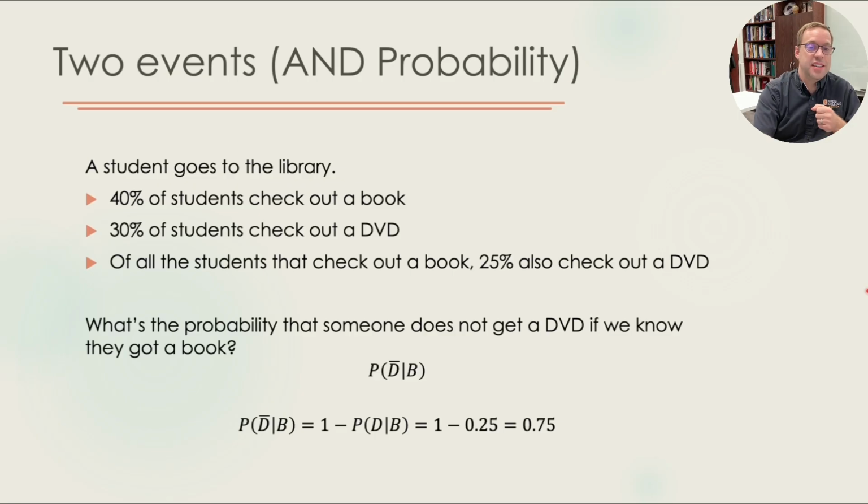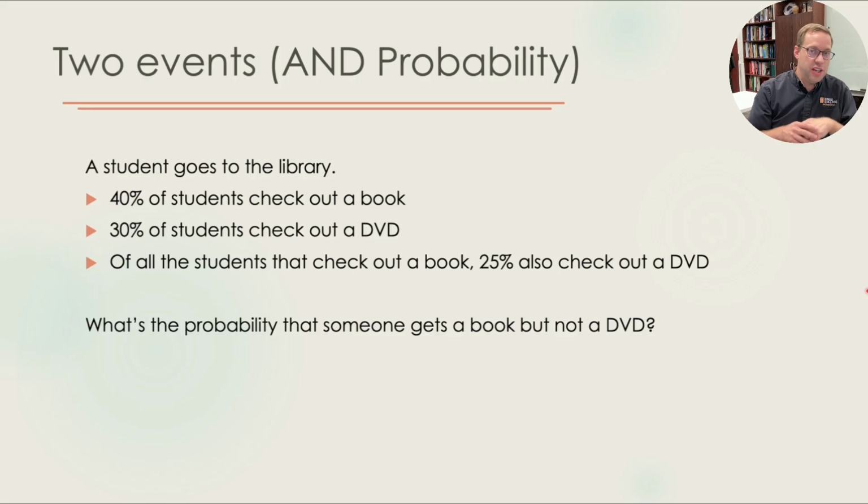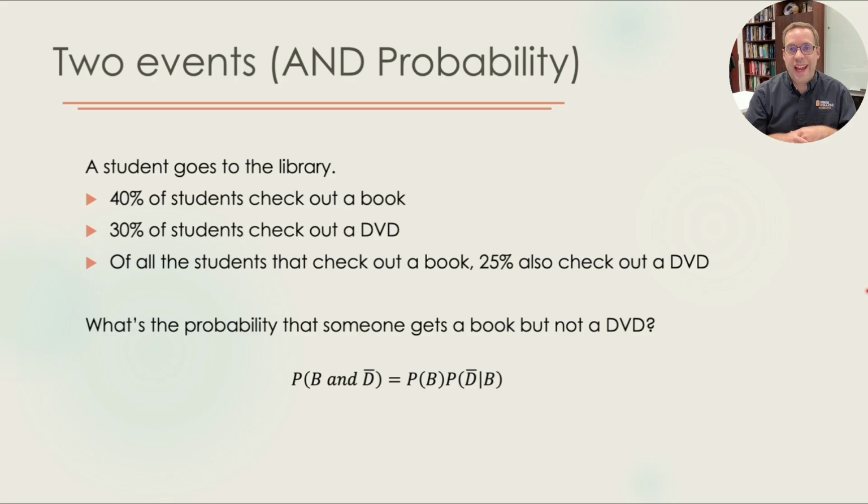Excellent, excellent. Now let's use that in our last question of this video. What's the probability that someone gets a book but not a DVD? So this would be the probability of book and not DVD. And so from our equation, that would be probability of checking out a book times the probability of not checking out a DVD, given that they got a book.